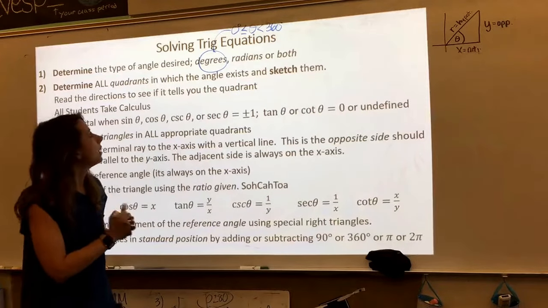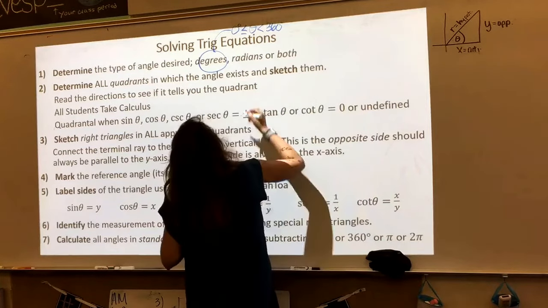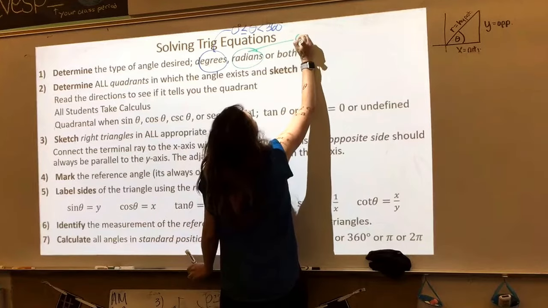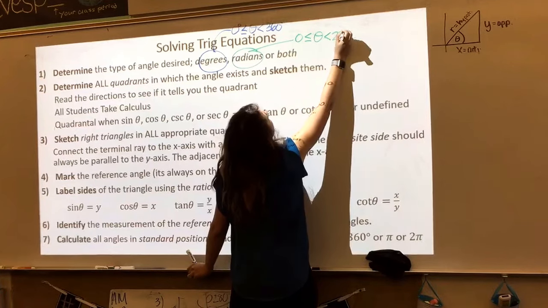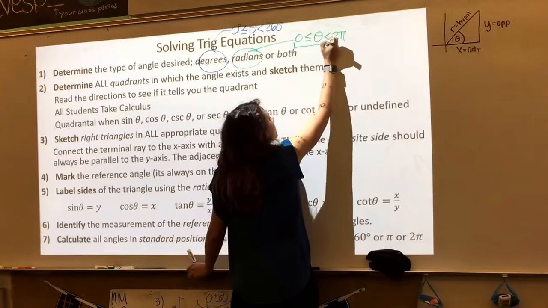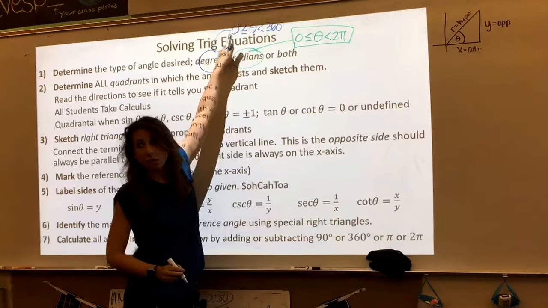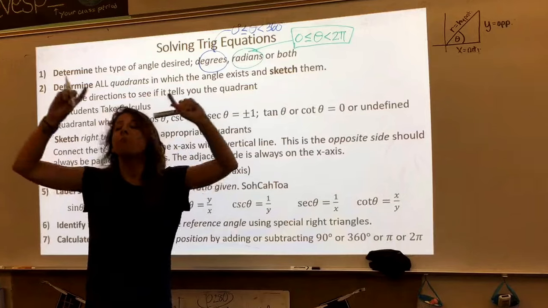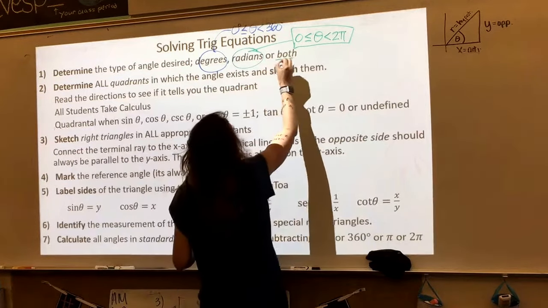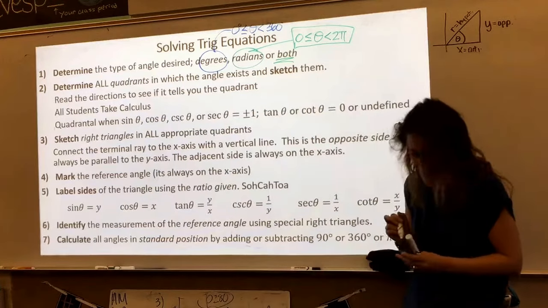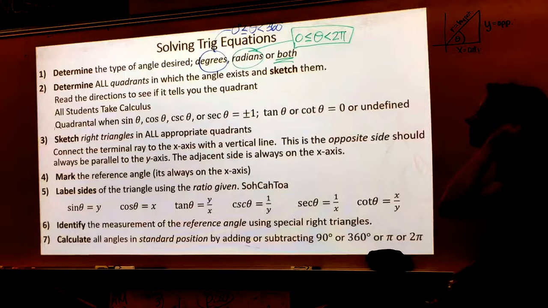It's radians if you see this. So if this is in the instructions, you're going to give your answers in radians. If that's in the instructions, you're going to give your answer in degrees. If both are in the directions, you have to give both. Okay? Guess what? It's got to be both, and homework. But on the test, it'll be one or the other, I think.